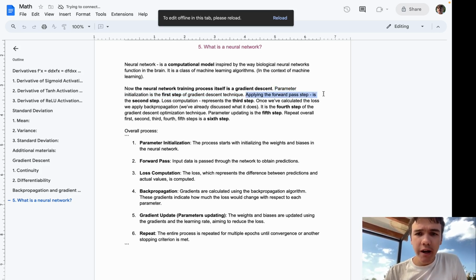Then applying the forward pass is the second step. So forward pass is the second step of the gradient descent technique. And you may ask me, well, wait a bit.